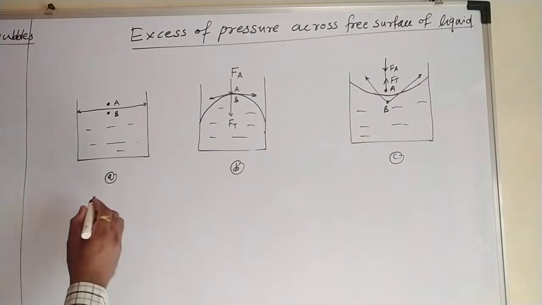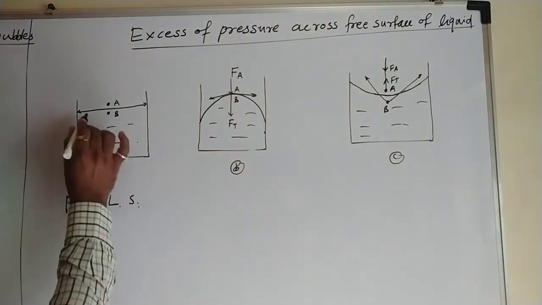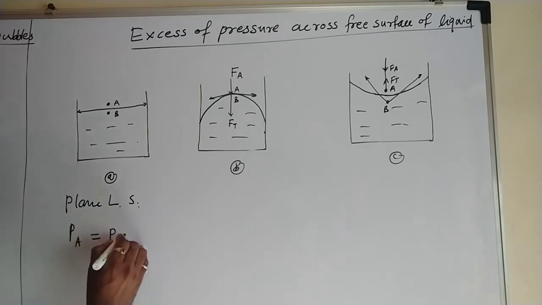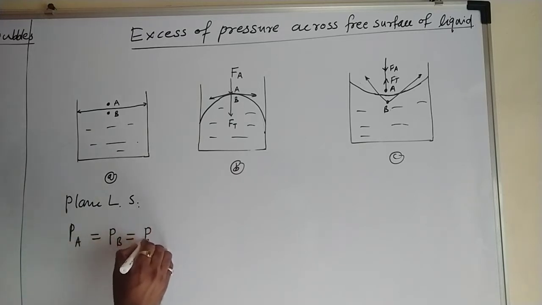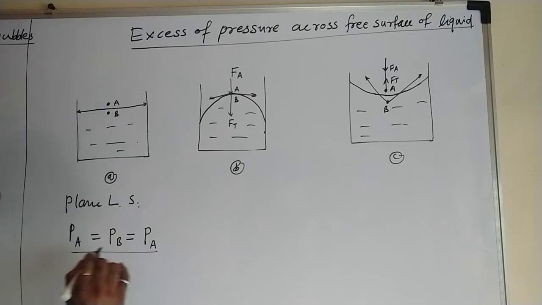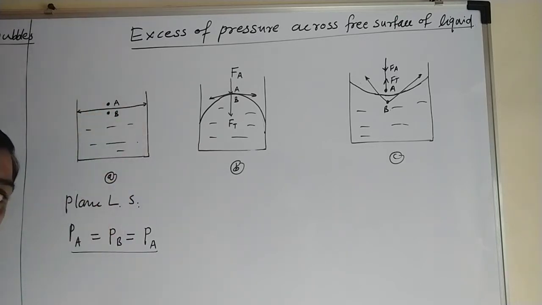This first figure is for the plane liquid surface. If you see the surface of the liquid, it is exactly plane and horizontal. In this situation, pressure at A is equal to pressure at B, and this is equal to atmospheric pressure PA. So pressure at A and B is the same, equal to atmospheric pressure, if the surface of the liquid is a plane horizontal surface.